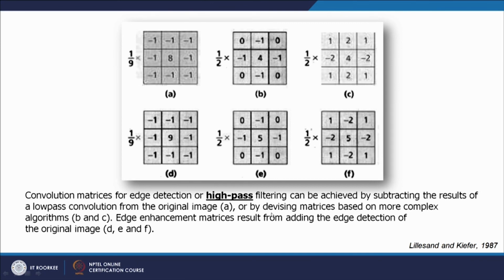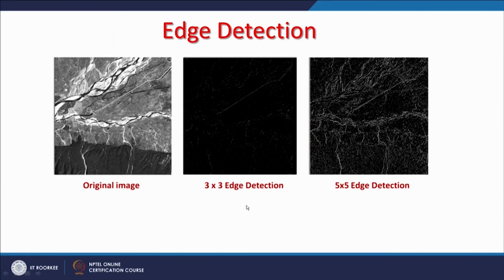The edge enhancement matrix results from adding the edge detection to the original image. Here now the edge has been added, so here -2, 4 and -2 is creating this, and the features present in east-west will be highlighted, features present in different directions will be highlighted, and likewise you see that results are there.